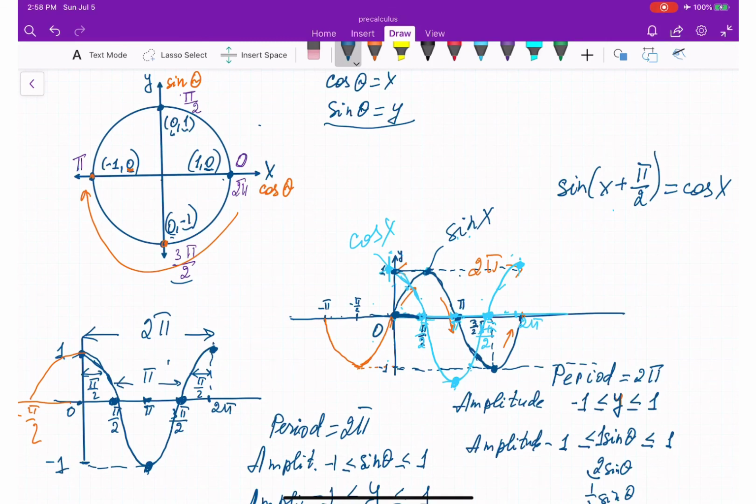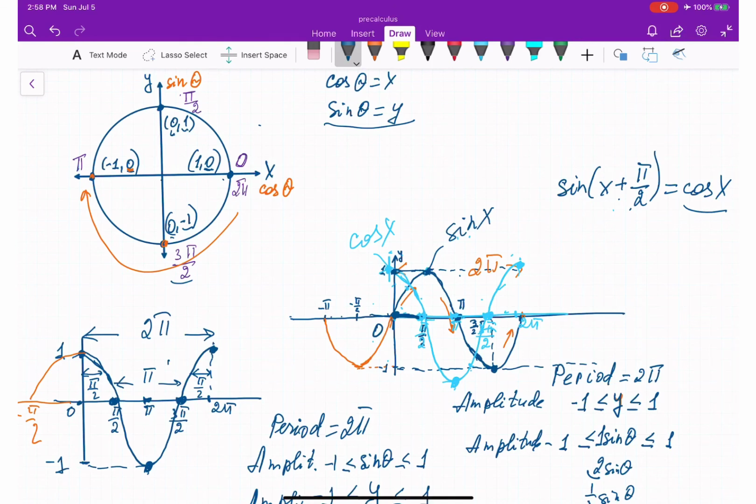X on the other side: if it's plus, you move towards negative. If it's minus, you move towards positive. So since we are moving to the left, towards negative, I put plus, so it will go left. So if I take sine x and shift by pi over 2 to the left, which means I am doing plus pi over 2, I will get cosine x.